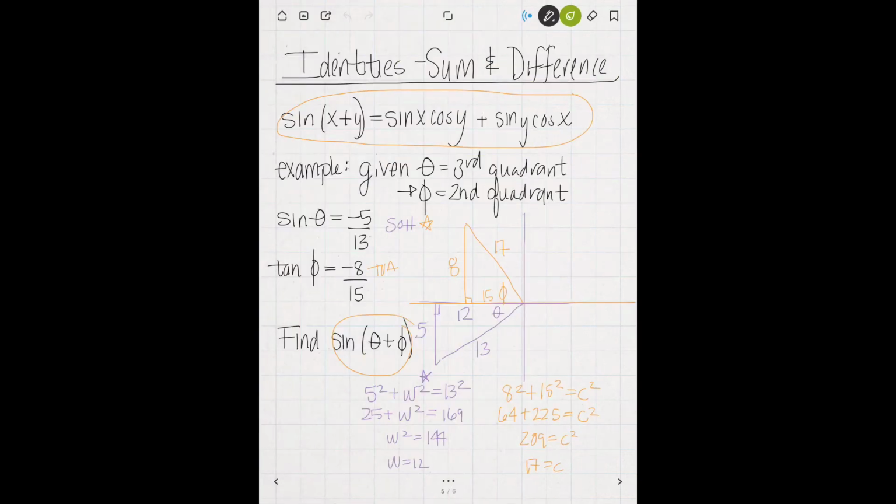So I know that the sine of theta plus phi is going to be the sine of theta, I'm sorry, times the cosine of phi plus the sine of phi times the cosine of theta. So what I want to do is, I remember when I learned right triangle trig, I have SOHCAHTOA. And I'm going to use my picture, so I'm going to have to kind of go back and forth.